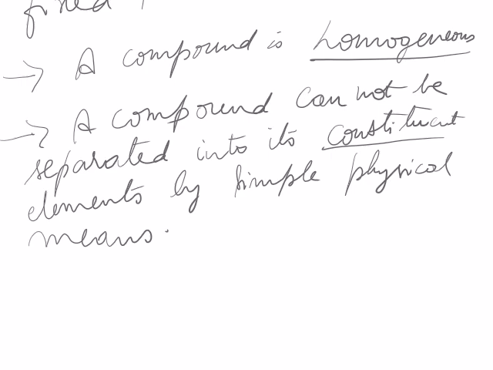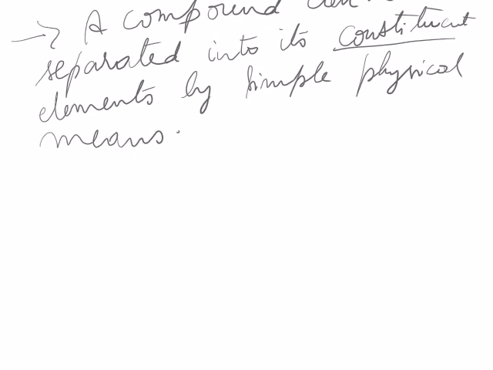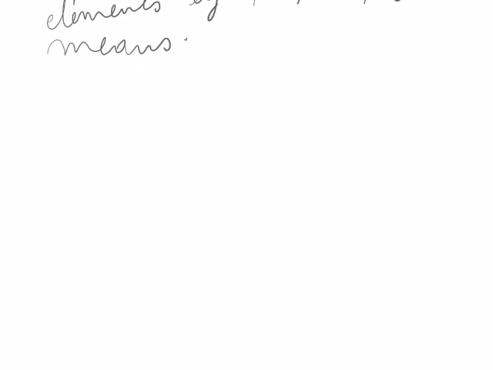So heat energy is either absorbed or released during a chemical reaction. Whenever heat energy is released, it is called an exothermic reaction, and when heat energy is absorbed, it is called an endothermic reaction.